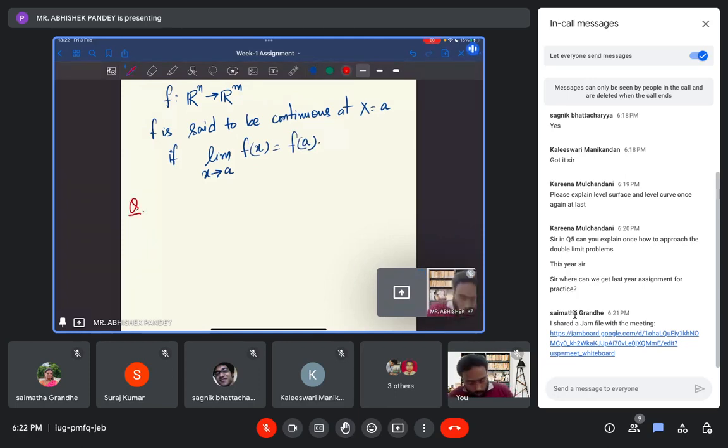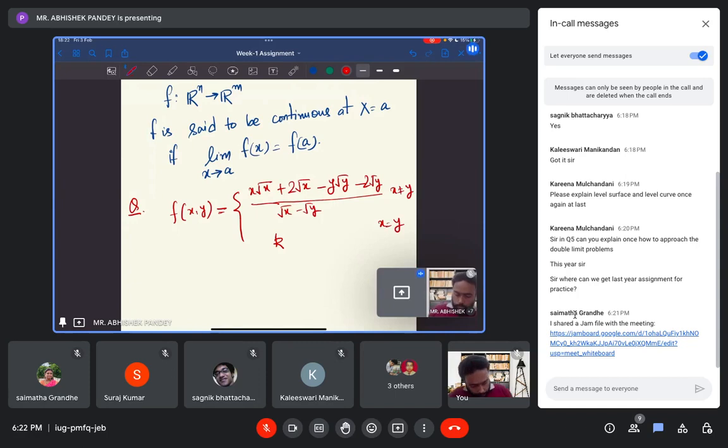Now let us move towards the question. The question is, f(x, y) equals (x root x plus 2 root x minus y root y minus 2 root y) upon (root x minus root y) when x is not equal to y, and k when x is equal to y.